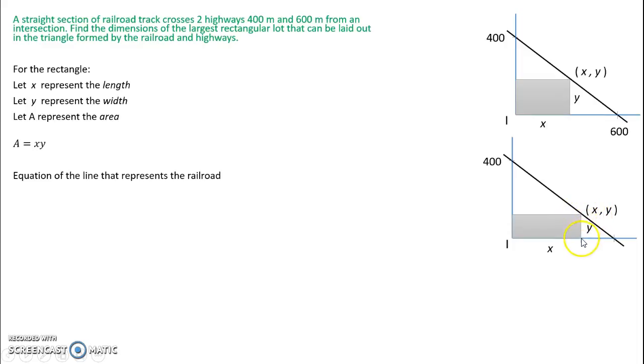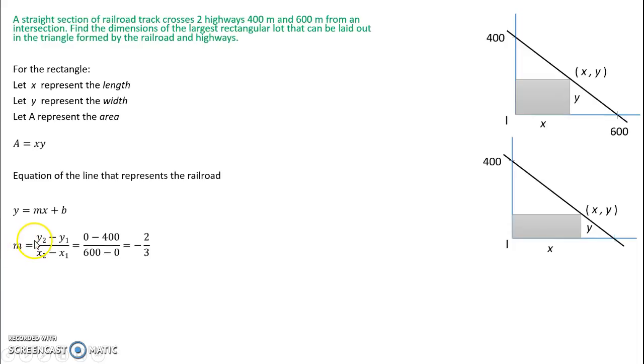So the width of this rectangle, represented by y, is dependent on the length of the rectangle, represented by x. We start with the general equation for a line, y equals mx plus b. The first thing we're going to do is calculate the slope of the line.